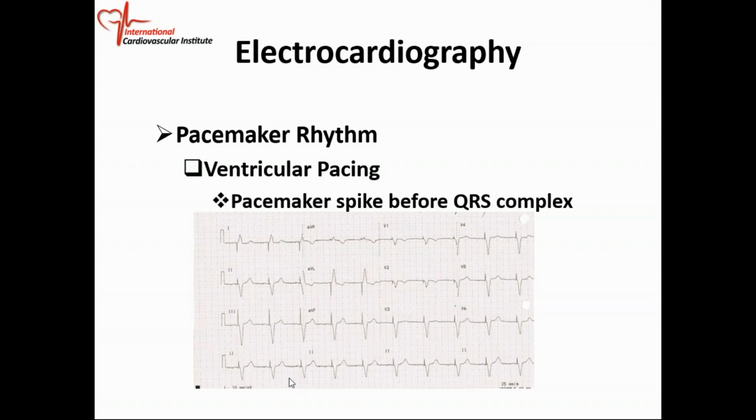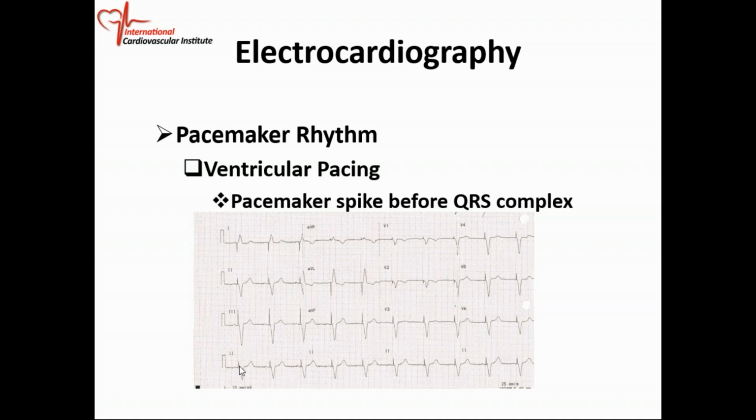And it's wide because you're supplying the energy to the right ventricular muscle. When you stimulate the ventricles, it's usually a wide complex, and that is why pacemaker beats are usually wide, because we supply the energy to the ventricular muscle.